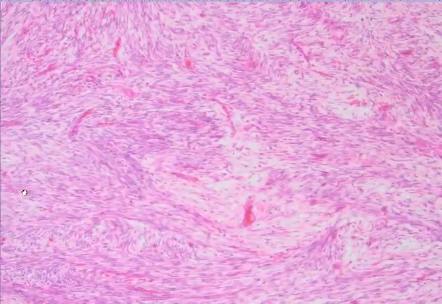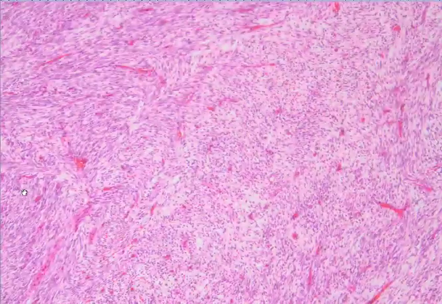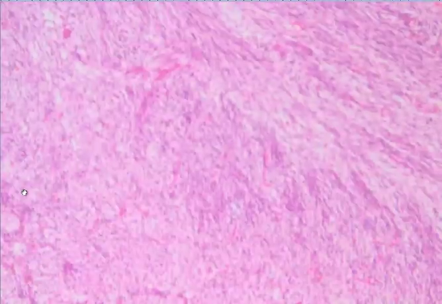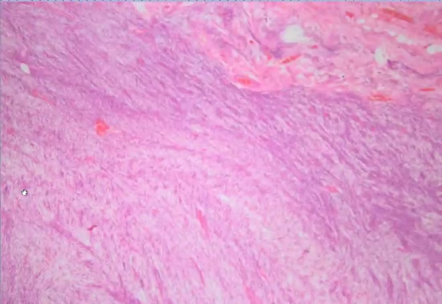You may also expect some hemangiopericytic-like areas. I don't see them in this slide, but you may find hemangiopericytic-like vessels, which are not compatible with the diagnosis of nodular fasciitis.